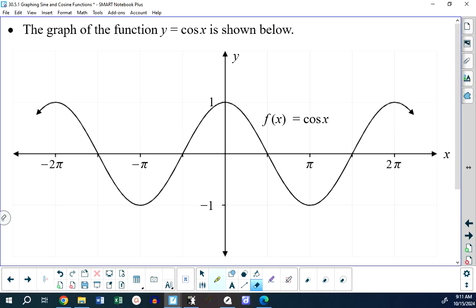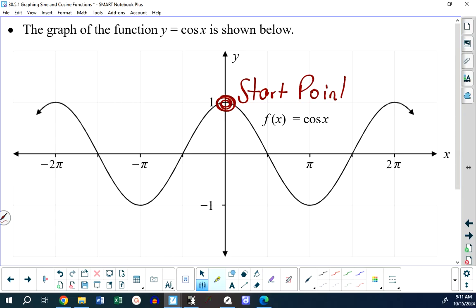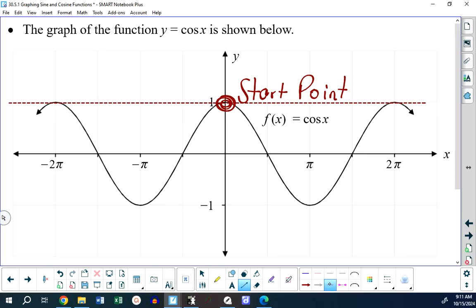So I would just like you to note that the start point is at the top. And rather than starting in the middle going up, it starts at the top going down. If you want, it's not necessary here, but certainly later on it will be, later on today and especially tomorrow, you can put in these, I call them guidelines, because when you're sketching these things, they're kind of borders.